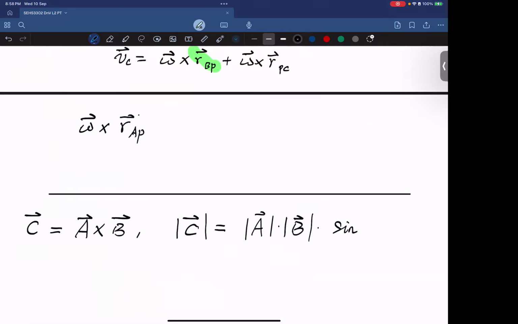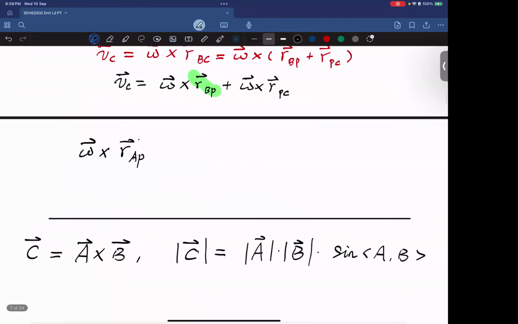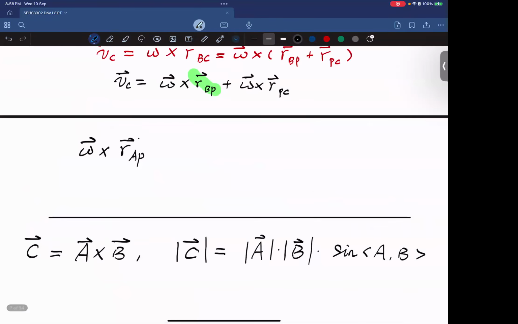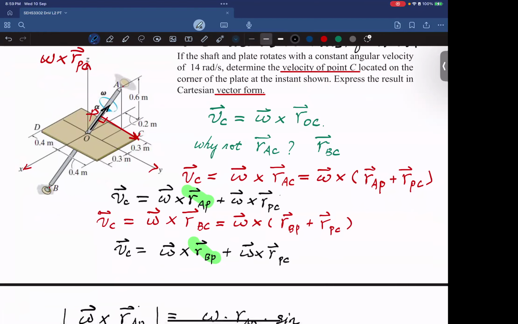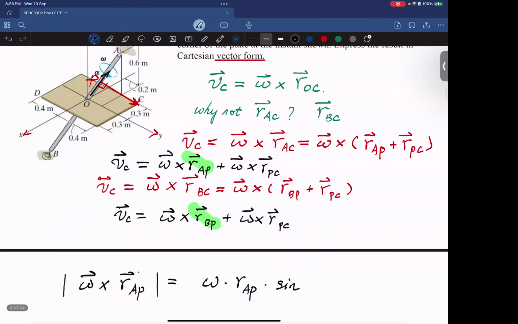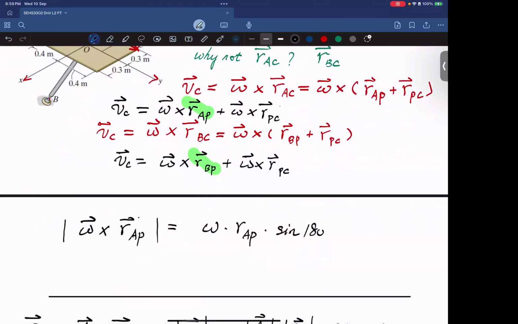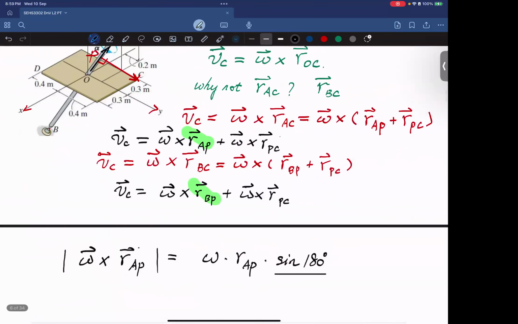Theta is the angle between A and B's directions. Therefore, for omega cross RAP, the magnitude is omega times RAP times sine of the angle. AP is opposite to omega, so sine 180 degrees, because it lies in the same line but opposite.